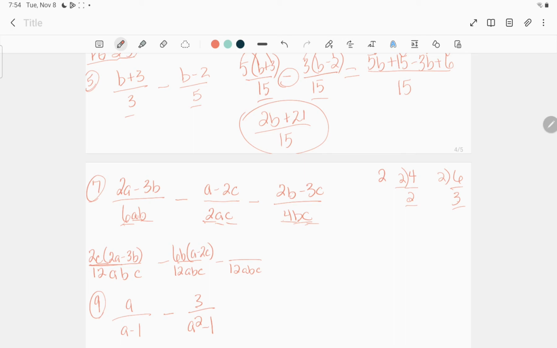And 12ABC divided by 4BC is 3A, and 2B minus 3C.